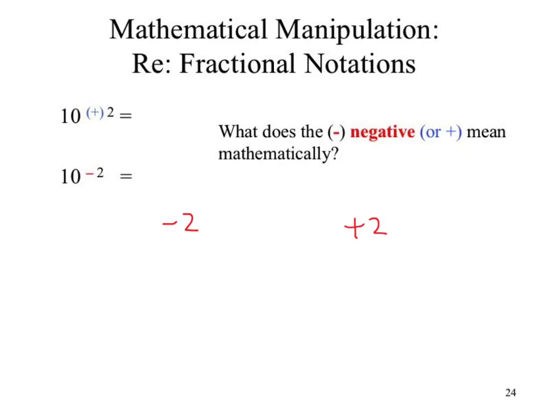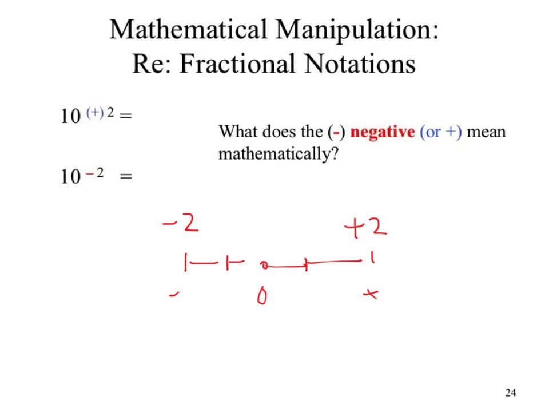Where it is on the number line. The value is 2. Plus 2 is 2 units to the right of 0. What is minus 2? 2 units to the left. So the minus sign is telling me a direction to count on a number line.